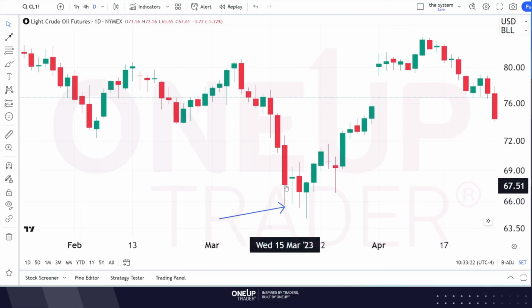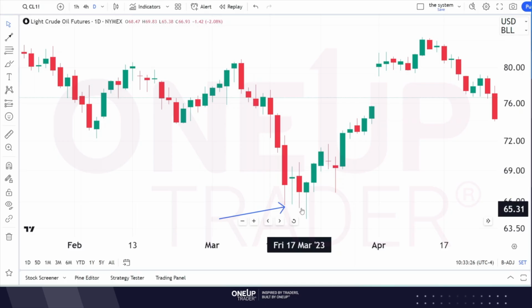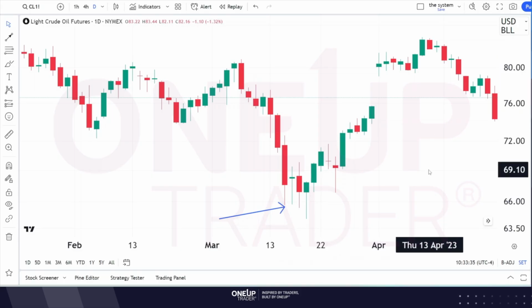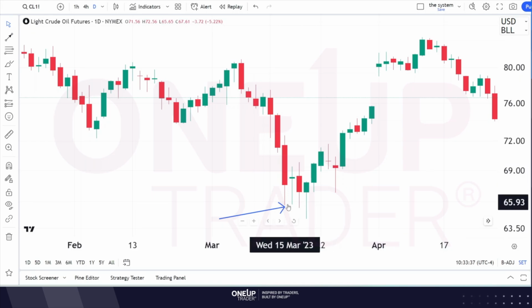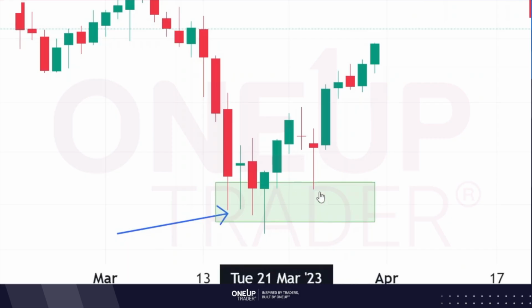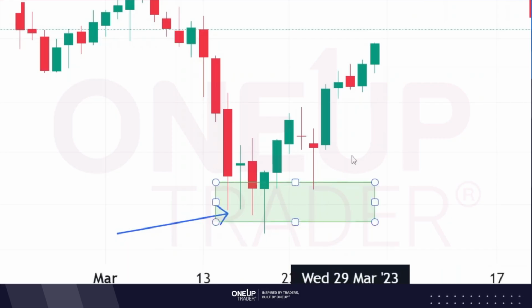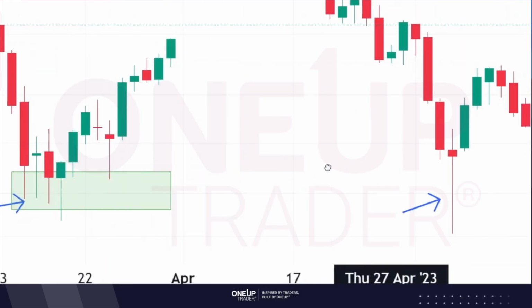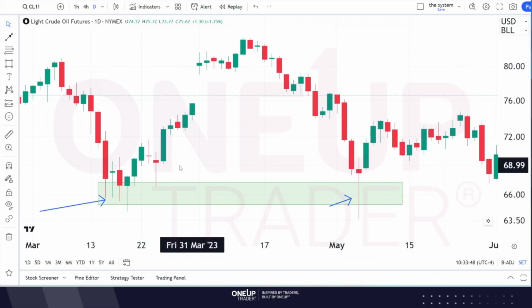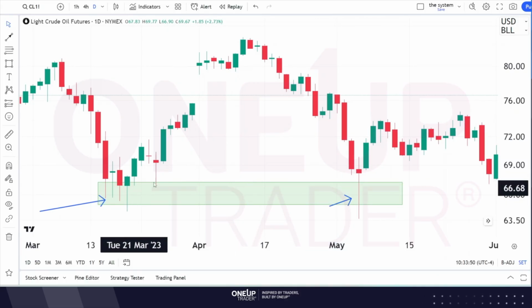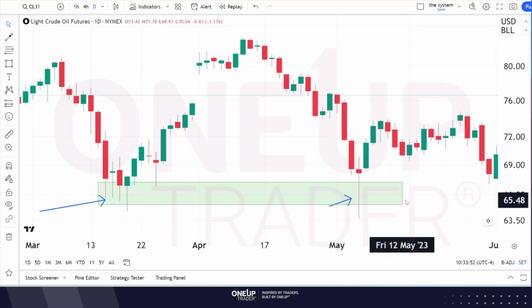Essentially, this is telling us that the price dropped to specific levels, but the selling pressure was not strong enough, and the buyers came back and stepped in, pushing the price back up. So we can see at this point that there is a higher than average demand for the asset.